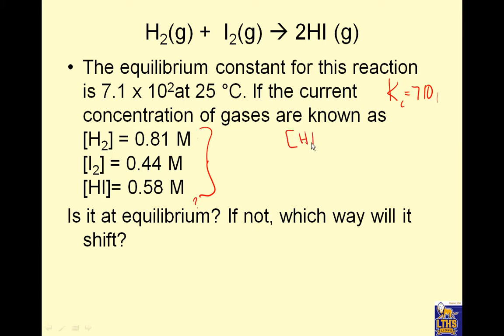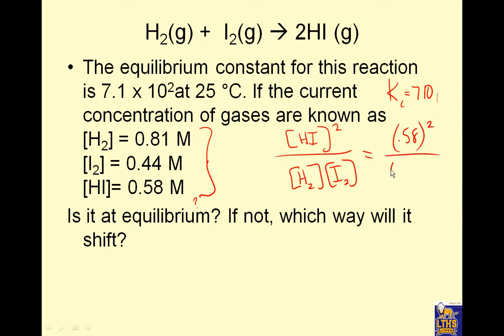We'll take the concentration of the products over the concentration of the reactants, all gases, so we're good here. And we'll figure out where we're at right now. So plug in the values of 0.58 squared over 0.81 times 0.44. And what we find out is that right now we're at 0.94.